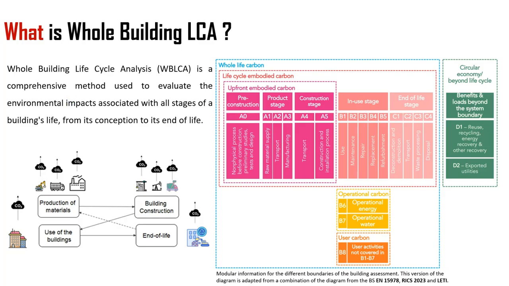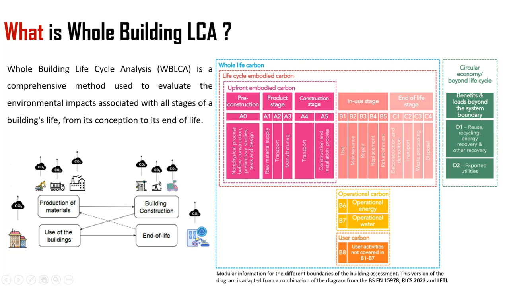So what is whole building LCA? It is a comprehensive method used to evaluate the environmental impacts associated with all stages of a building's life, from its design consumption to construction to use to end of life.